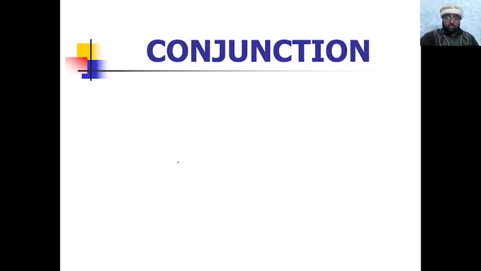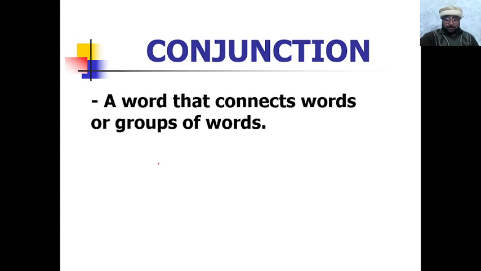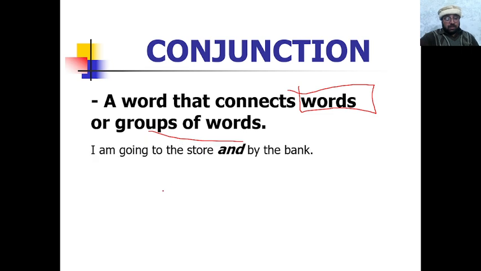Now we have conjunction. What's a conjunction? A conjunction is a word that connects words or groups of words. Groups of words means sentences, phrases, or just words like subjects or objects. I'm going to the store and buy the bank. Now it has connected this clause with this phrase so that we might have a complete sentence over here.